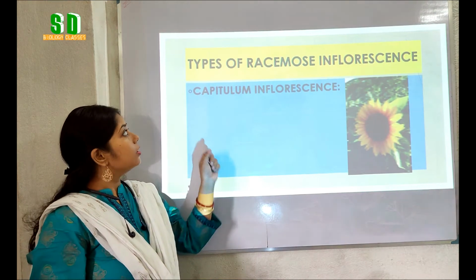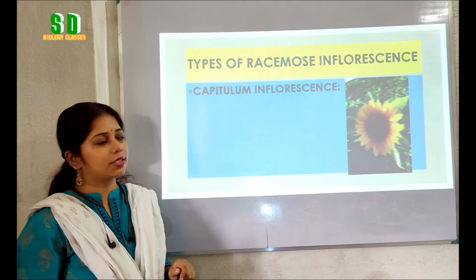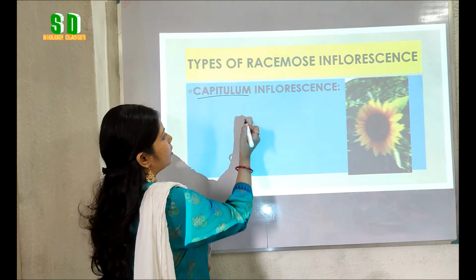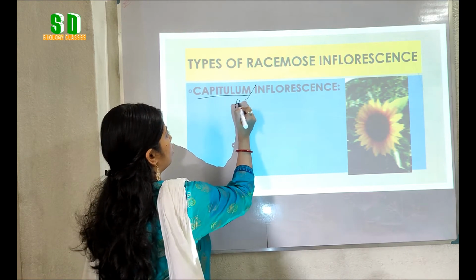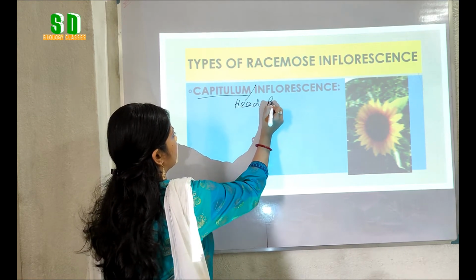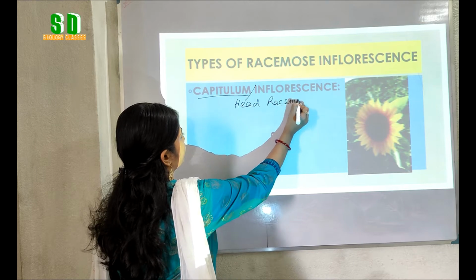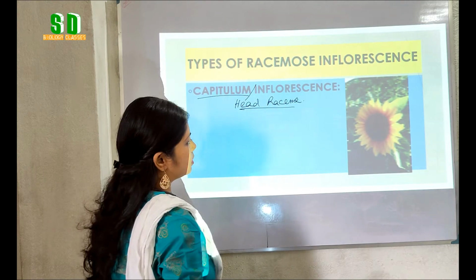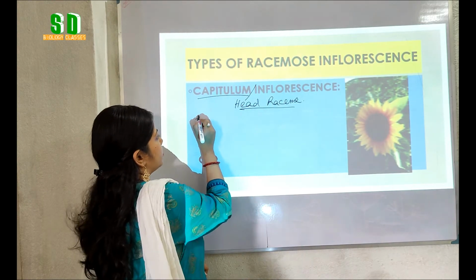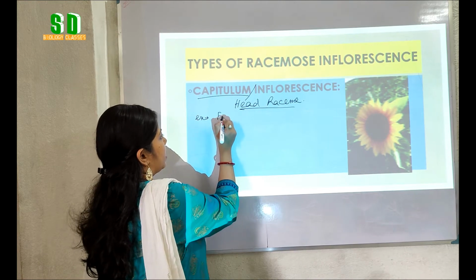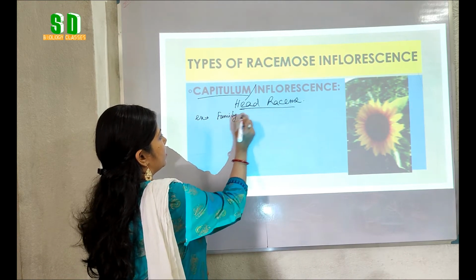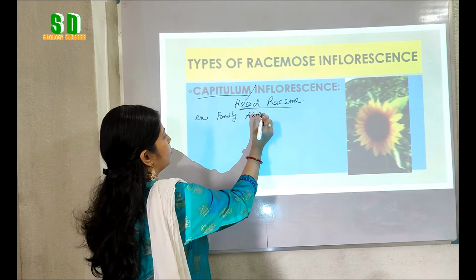Now the other important type of racemose inflorescence is called capitulum inflorescence, also called the head raceme inflorescence. This type of inflorescence we can see in the family Asteraceae, or Compositae.